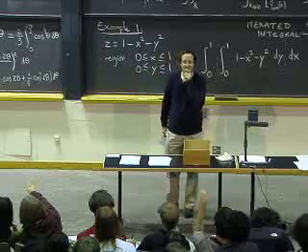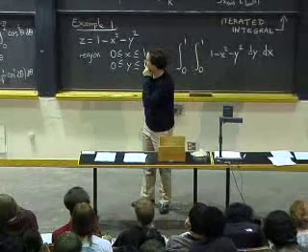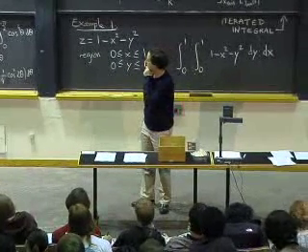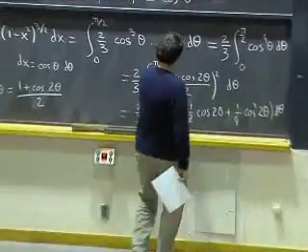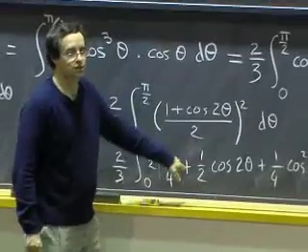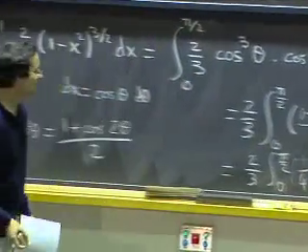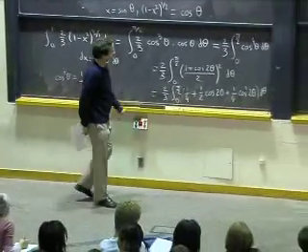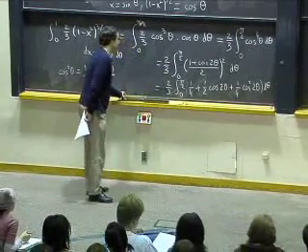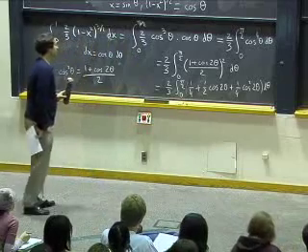Yes? Wouldn't it just be cosine of 2 theta instead of 1/2 cosine 2 theta? No, I don't think so, because if you take 1/2 times cosine, half times 2, you will still have a half. Okay, so if you do, again, the double angle formula, I think I'm not going to bother to do it.